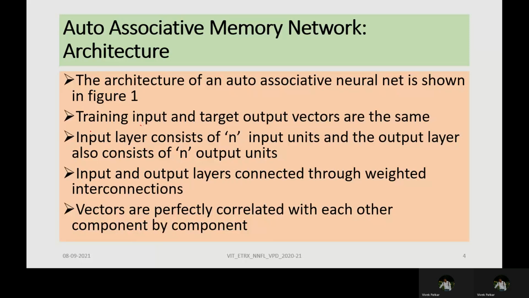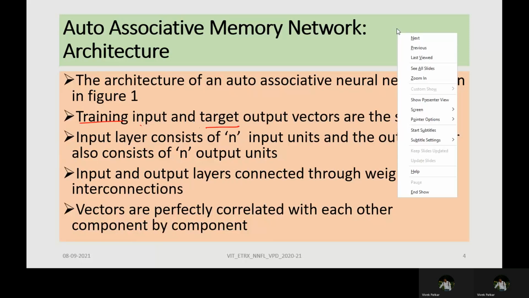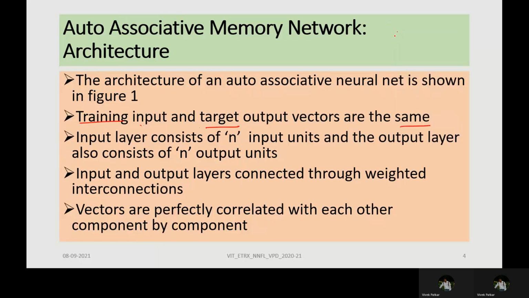This is very important. In an auto associative question, they will not give you the target; maybe they will just say: design an auto associative network which can store the pattern 1110. So this is your x and this is also your t.